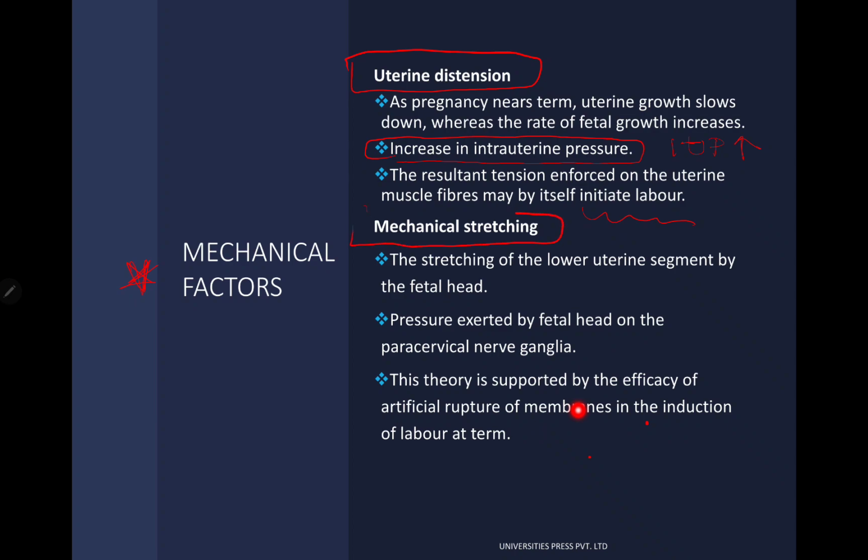So what occurs next is a mechanical stretching of the myometrium. Myometrial fibers are going to be stretched. So the stretching of the lower uterine segment, I already told you, the lower uterine segment should be stretched so that the fetal head can easily be delivered. Then there is pressure exerted by the fetal head on the paracervical nerve ganglia. This theory is supported by the efficacy of artificial rupture of membranes in the induction of labor at term.